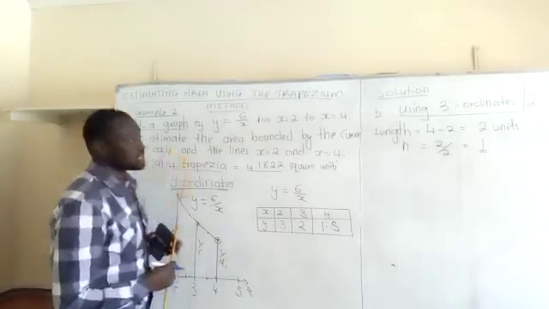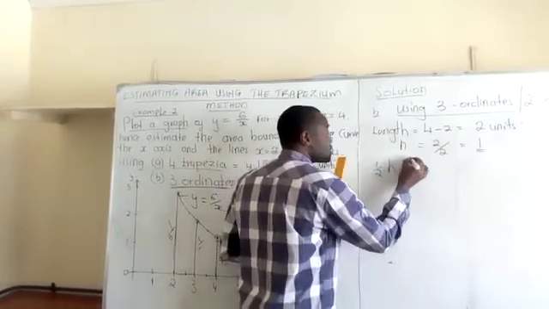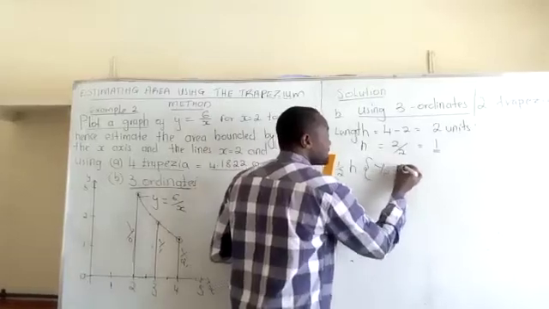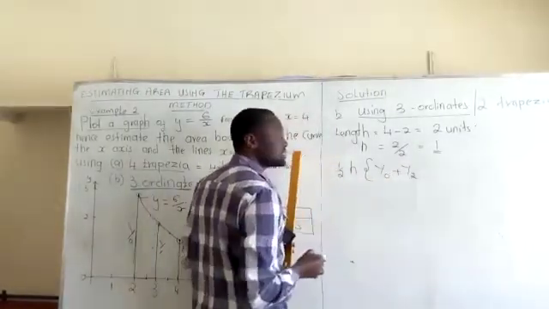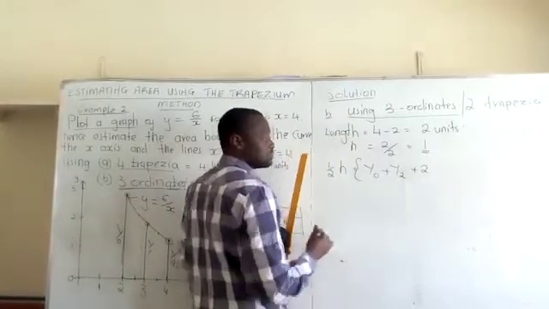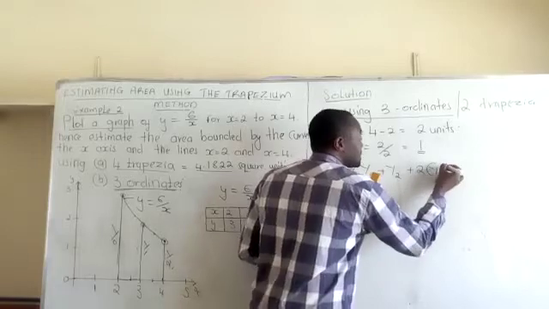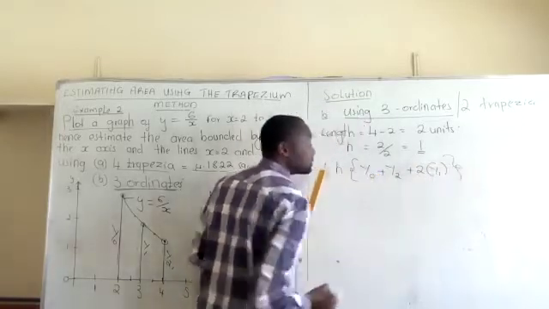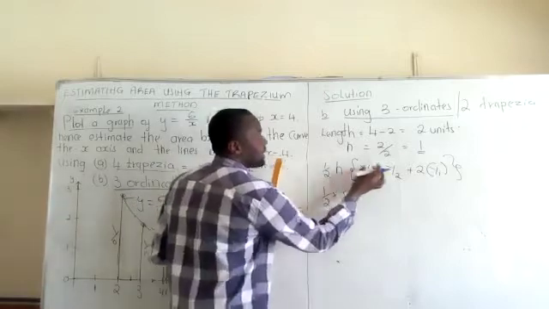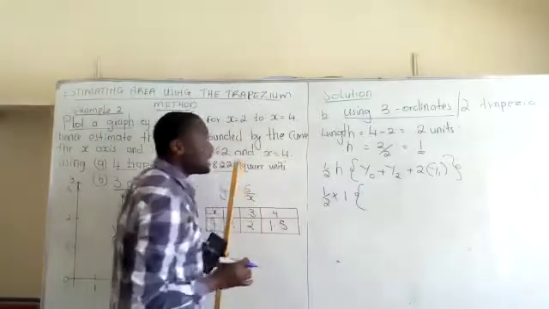And in this case, now we go ahead to a half h into the first ordinate plus the last ordinate plus twice all the ordinates in between. And in this case, because there are 3, it's only 1 ordinate that is in between. So that we'll have a half of our height is 1 unit into y naught.